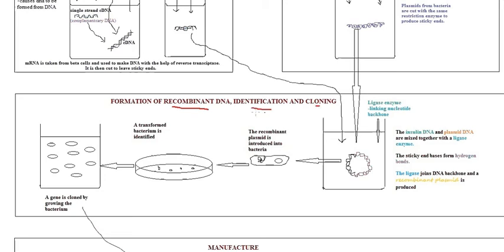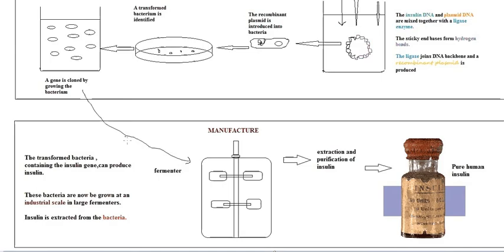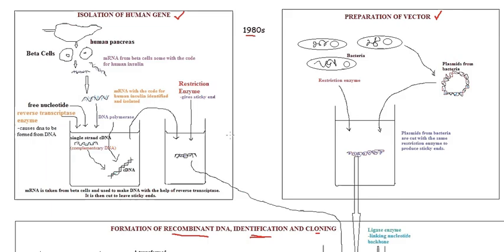Identification is normally the use of markers. Then formation of recombinant DNA. We need a promoter for this to occur, then cloning, the reproduction, and finally we will come to the manufacture. So let's get into details.